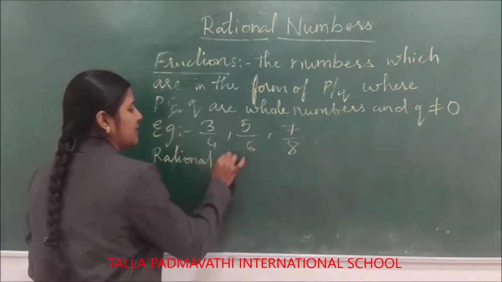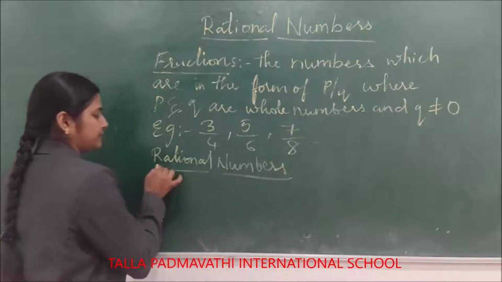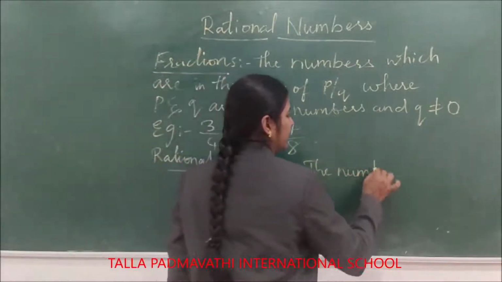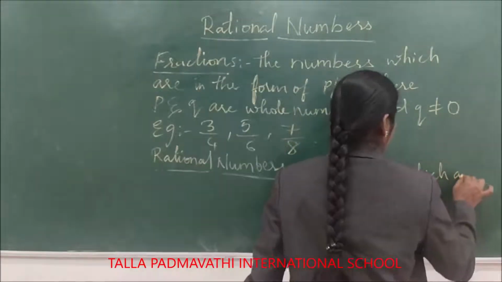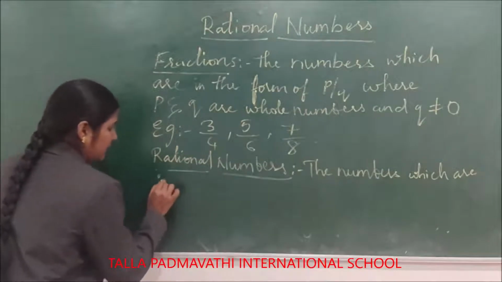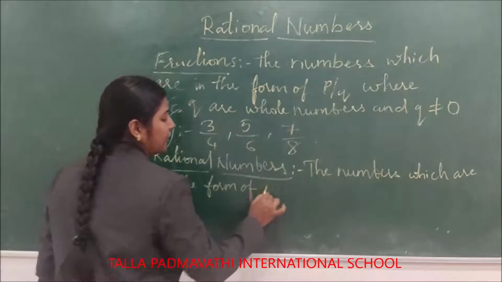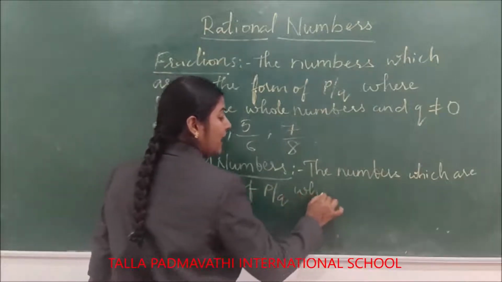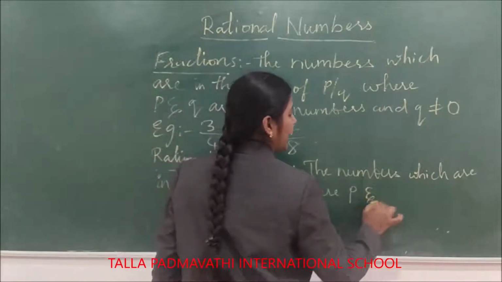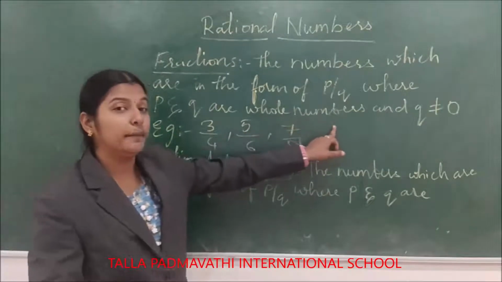Rational numbers means the numbers which are in the form of P by Q, where P and Q are, children, not whole numbers here.